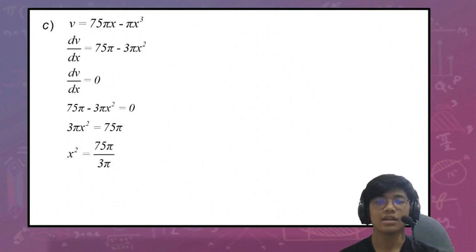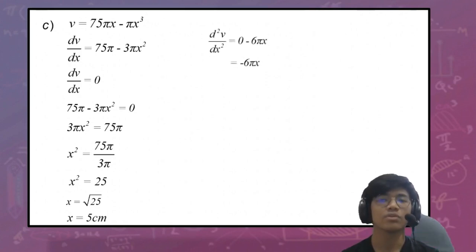After that, calculate 75 pi over 3 pi using a calculator, and then the answer is 25. Next, to get the value of x, take the square root of 25, and then it will become x equal to 5 cm. To prove it is maximum, we must do the second derivative of the volume equation. After differentiating it for the second time, it will become negative 6 pi x.